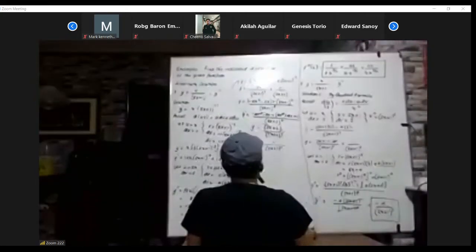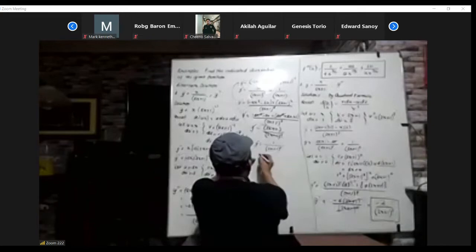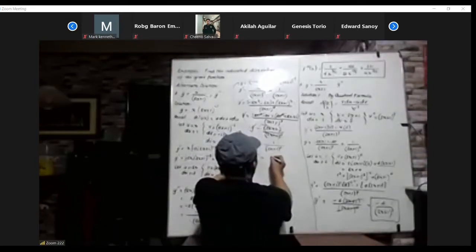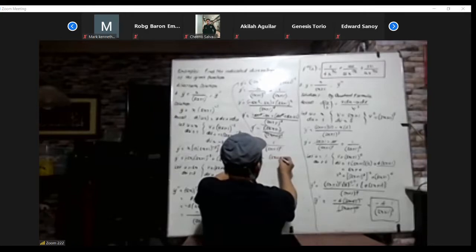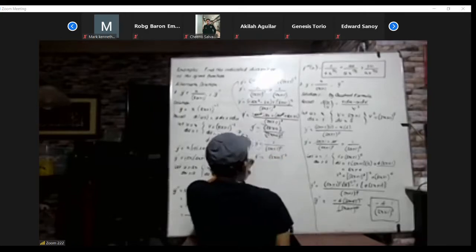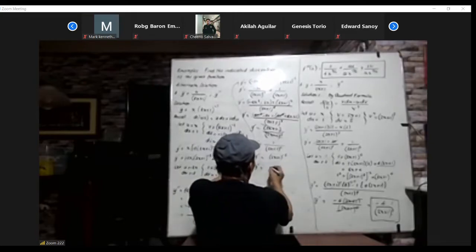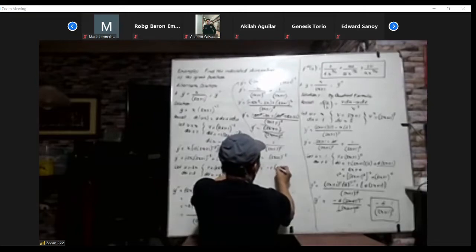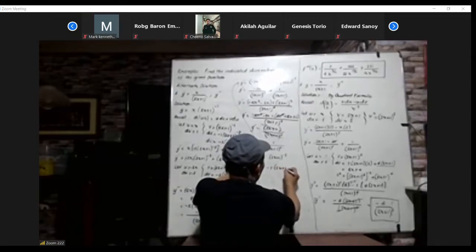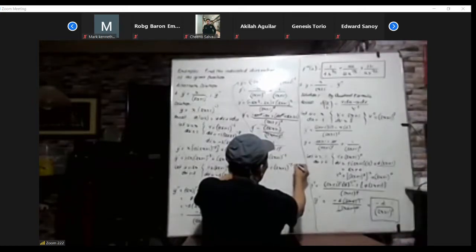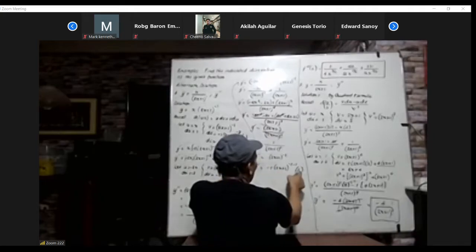Okay? So ngayon, dahil hinahanap natin ay yung second derivative, iaangat na natin siya. So bali, 1 times 2x plus 1 raised to negative 2. Therefore, derivative natin is negative 2 times 2x plus 1 raised to negative 2 minus 1, derivative na nasa loob, 2x plus 1, is 2.